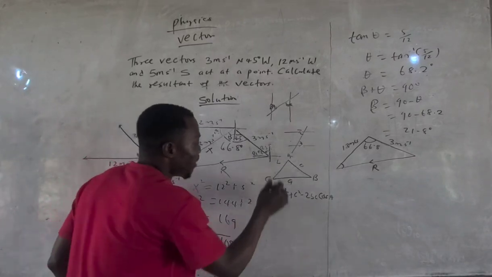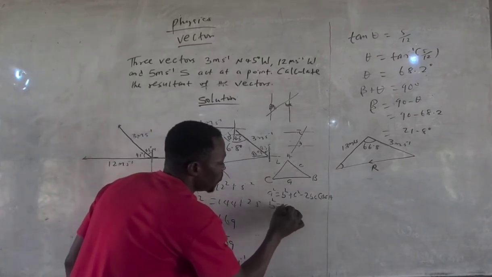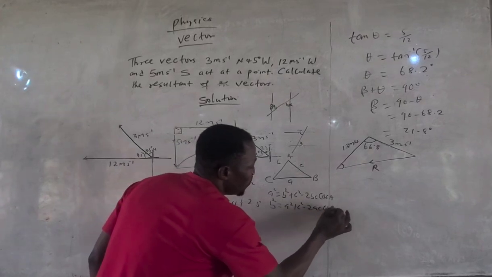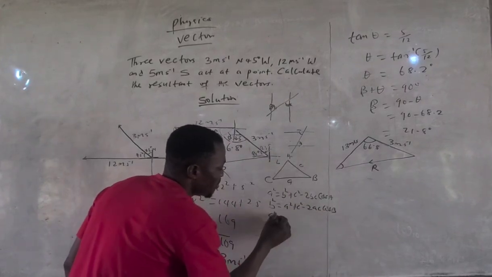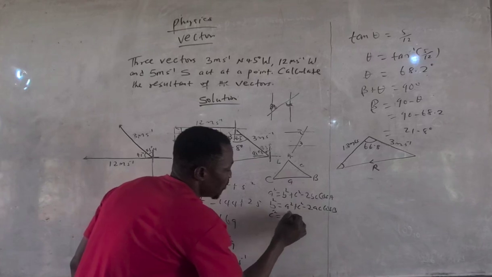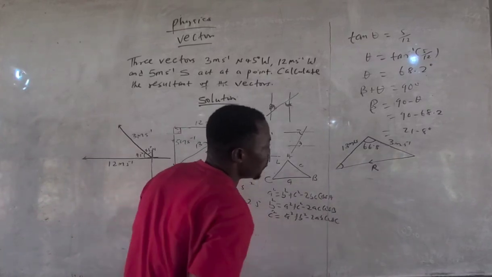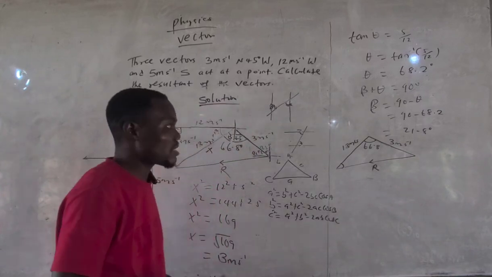The same way, b squared equals a squared plus c squared minus 2ac cos B, and c squared equals a squared plus b squared minus 2ab cos C.